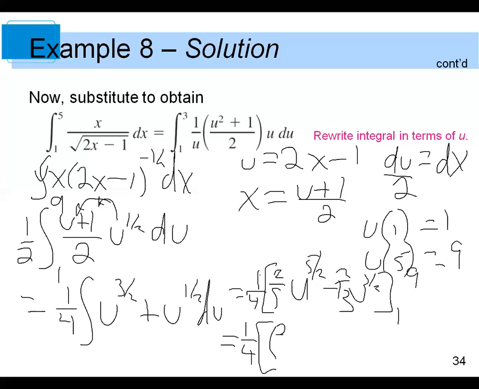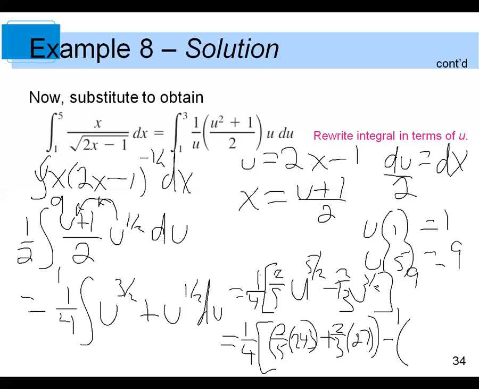So you'd have 2/5 times 243 plus 2/3 times, so if I plug in 9, square root it, I get 3, and 3 cubed is 27. So that's that first one.